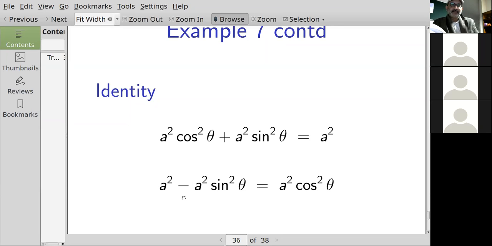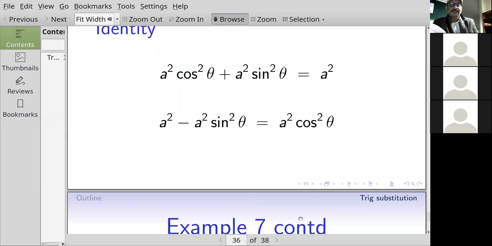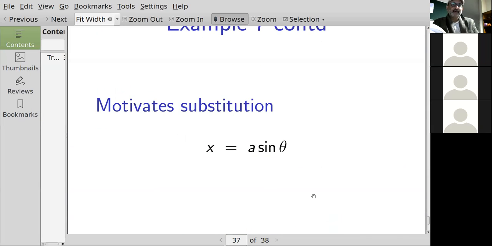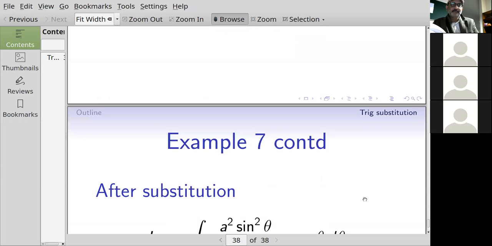So we let X equal A sine theta. That means dx is equal to what? A cos theta d theta.